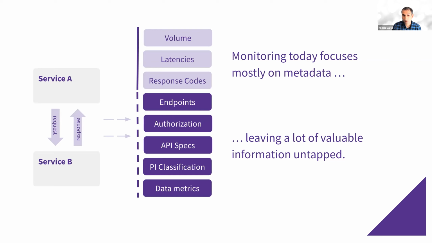So the vision at Layer 9 is to really understand the network traffic deeply, to understand how services are communicating, look at the payloads, and then derive very deep, rich insights in terms of how they're performing.